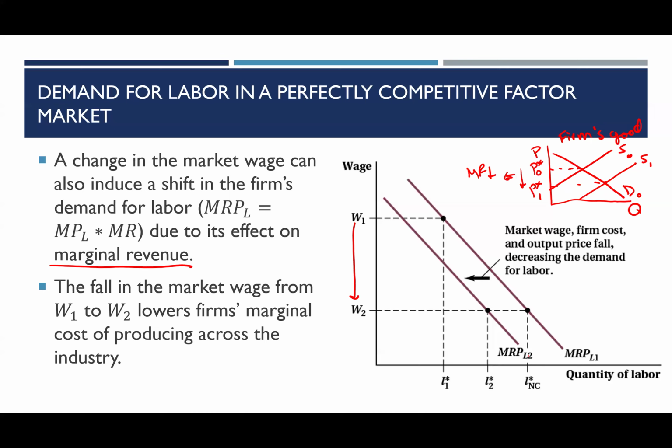And as a result, even though the wage has fallen, because they have that lower demand, the amount of labor they hire is less than it would be if they had the same level of demand at that lower price, but it's more than they were hiring at the higher wage. Okay, so with the fall in the price, we see what we expect, an increase in the quantity demanded of labor, but it's less than it would have been otherwise, right? It's muted.